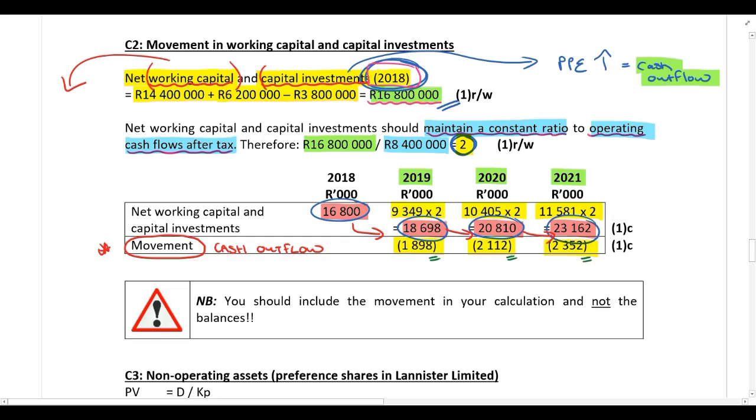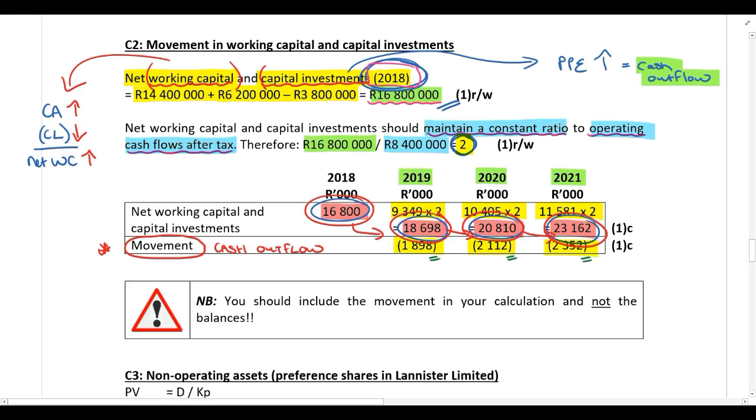Let's make sure that you also understand the logic behind the movement in working capital. Remember, net working capital is current assets less current liabilities. That gives you net working capital. So guys, the net working capital balance is increasing each year. Now, if that balance is increasing, it means current assets are increasing or current liabilities are decreasing.